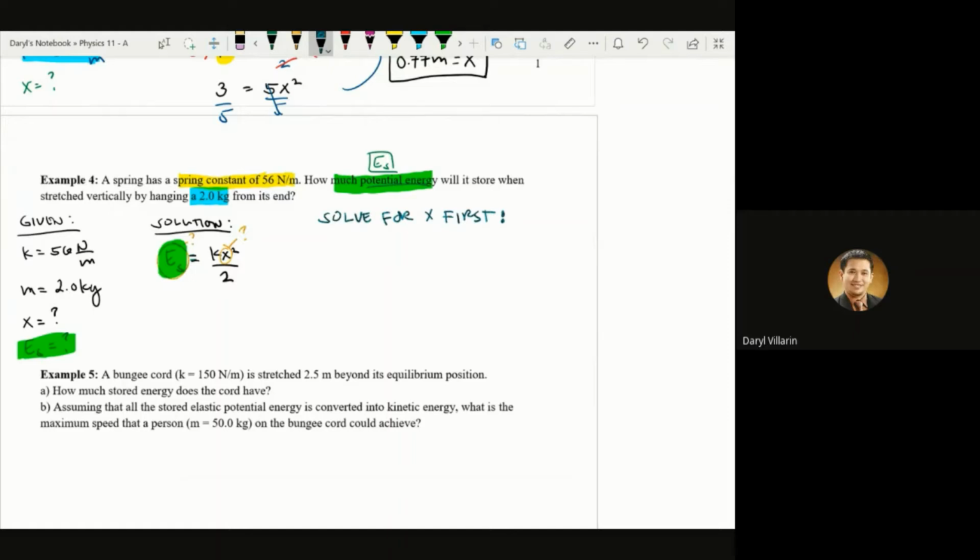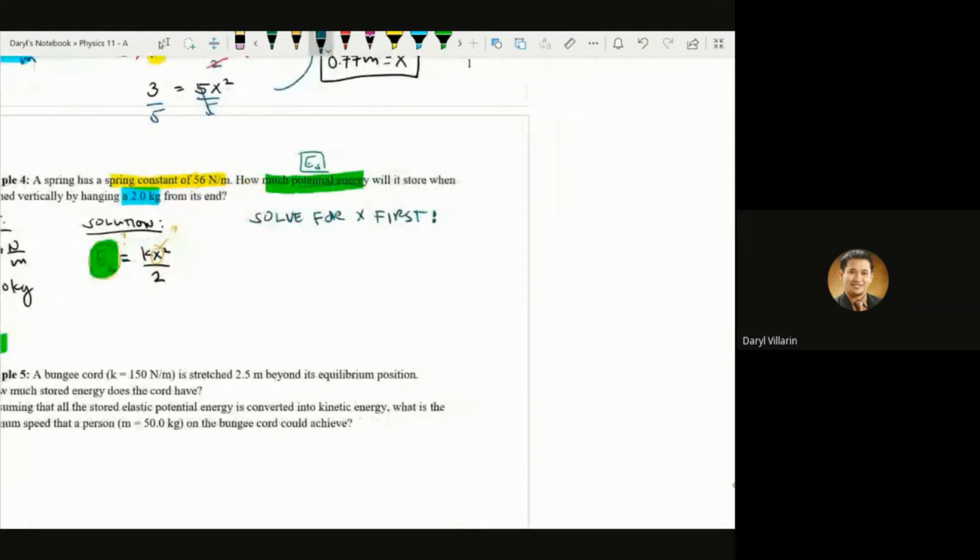So let's say in a spring. So let's say originally this is your spring. Okay, you didn't attach anything, so that would be the case. But if you're gonna attach something, so this spring will be stretched out.